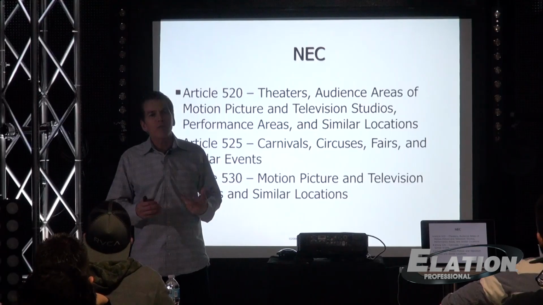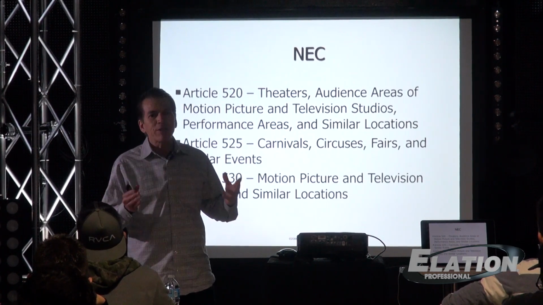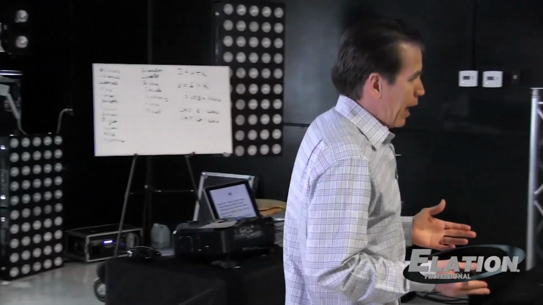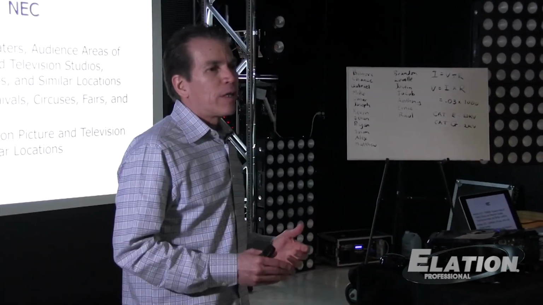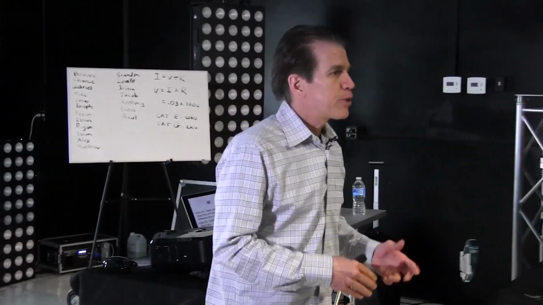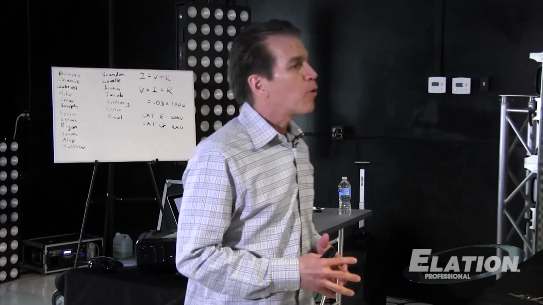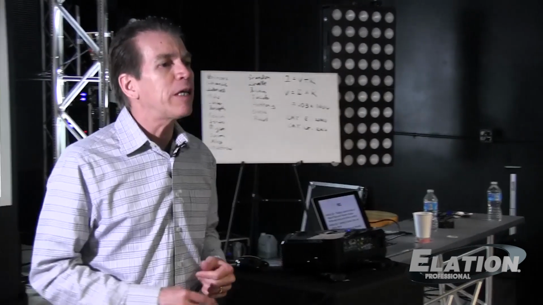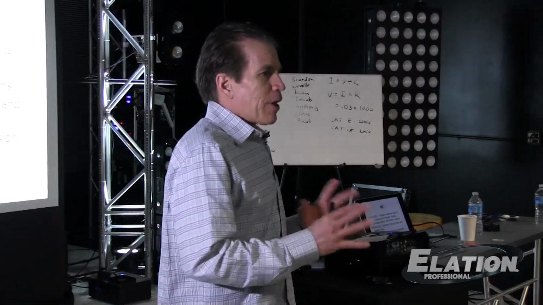So this would fall under Article 520 because they were about to have a live performance. And I would argue that if you have a church that has a praise and worship band, that's a performance, it would fall under Article 520. There's lots of scenarios that would apply to Article 520.